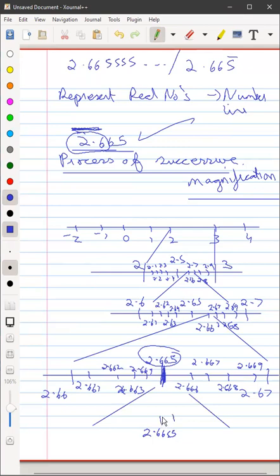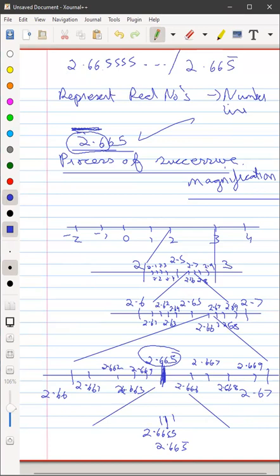So this one would lie somewhere in the middle of this point. So this will become 2.665, an approximate value there, right? Because this is something that would continue. So do we have to repeat that step including 5 again and then stop?